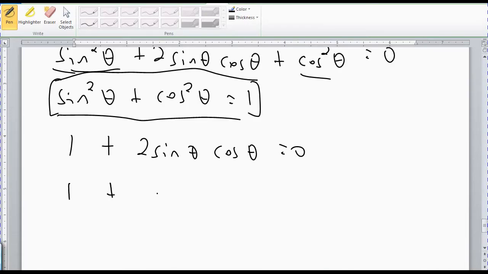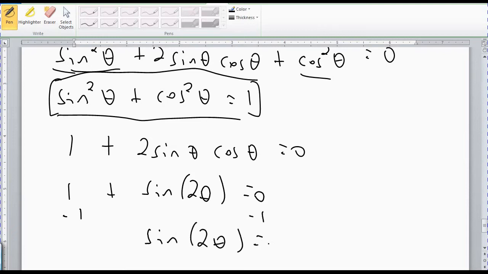So I have 1 plus sine 2 theta equals 0. Now I want to subtract 1, and we get sine 2 theta equals negative 1.